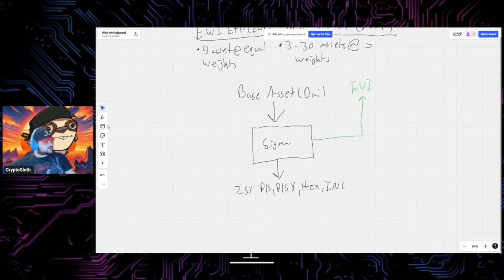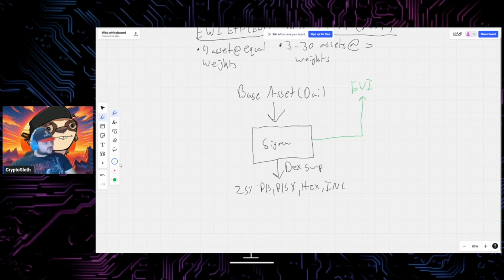And what Sigma will do is swap this stuff directly on chain. So these will be DEX swaps. You have one asset that's deposited, in our example, DAI, and then the Sigma protocol swaps for the appropriate tokens in that ETF, and then it'll spit you out a specific EWI token.